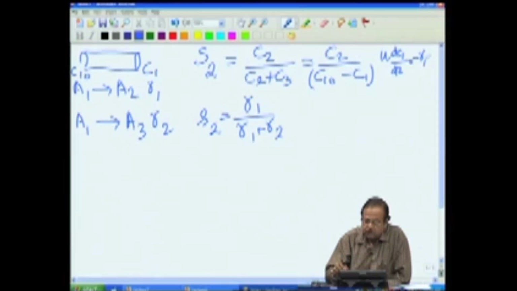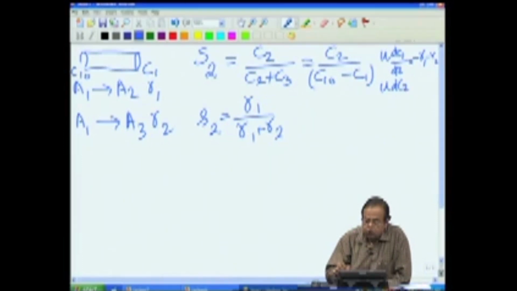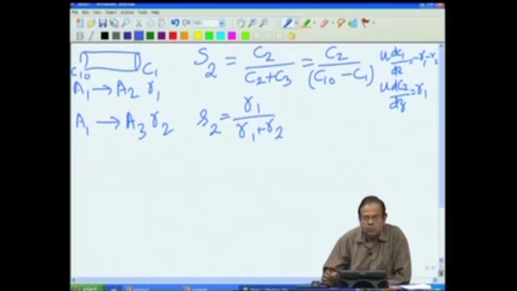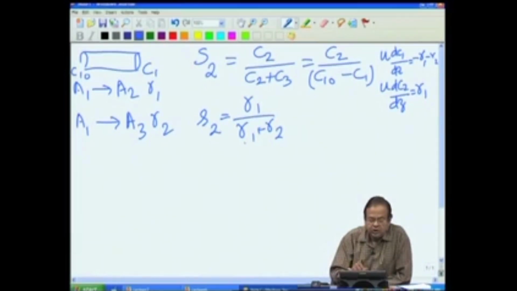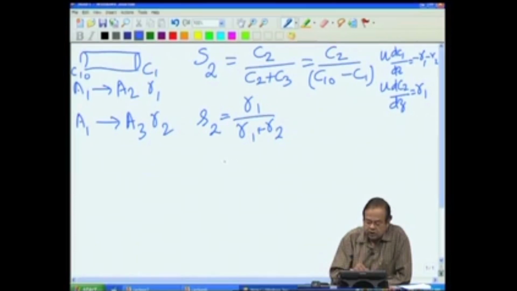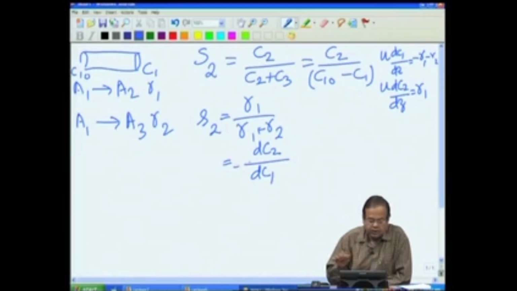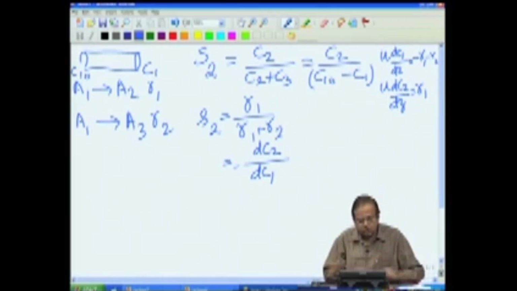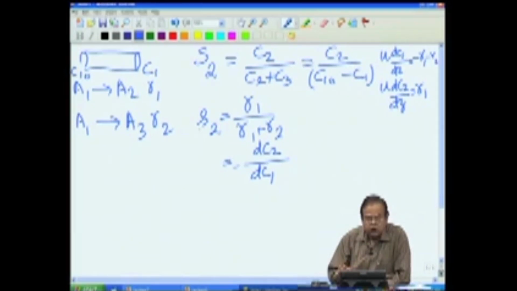So, that is minus R1 minus R2, and U dC2 dz is R1. Our normal plug flow reactor mass balances, this point selectivity, which is R1 by R1 plus R2, is nothing but minus dC2 by dC1. So, that is our point selectivity, okay, which is S2.